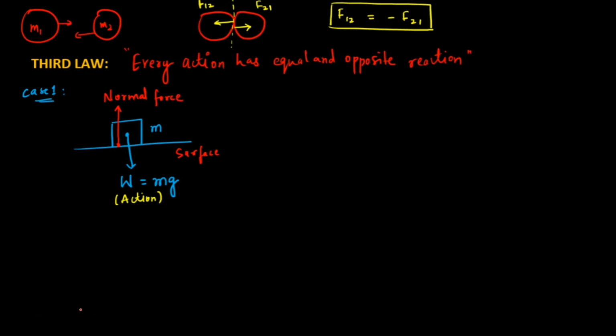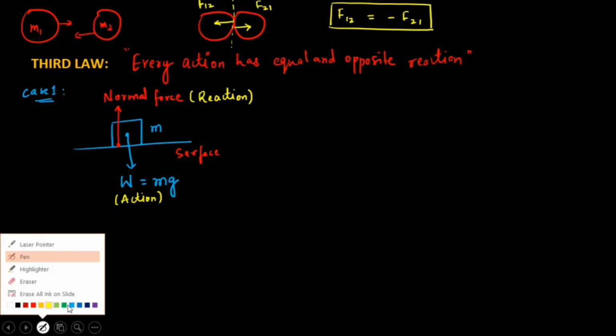This normal force is a reaction force which always acts onto the body in order to cancel out the force acting onto the surface, that is mg. Otherwise, if this normal force is not there, what would happen? The object would definitely sink into the surface, which is not the case because there is enough normal force acting, keeping this mass in a balanced state. So every action has an equal and opposite reaction. This is what this case shows us.